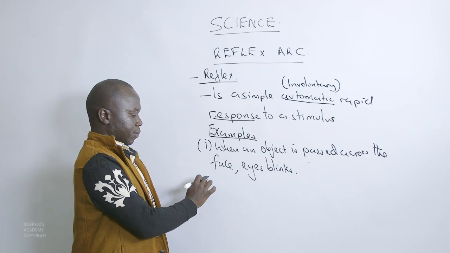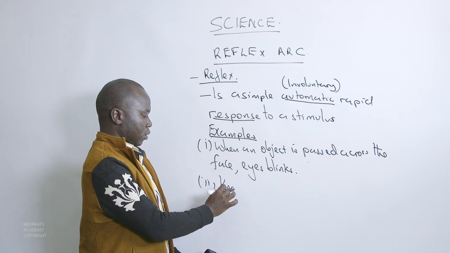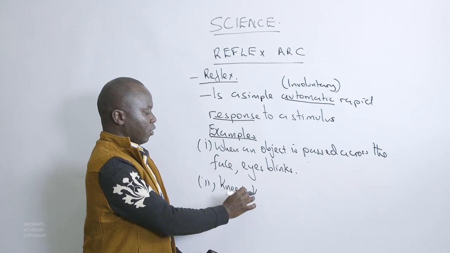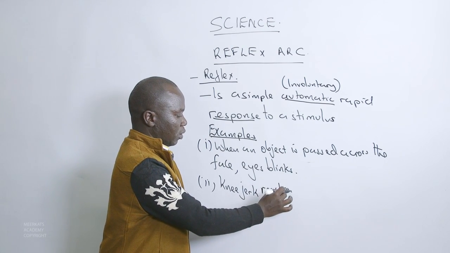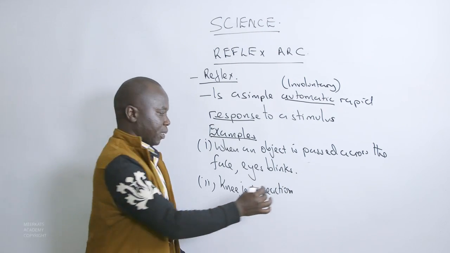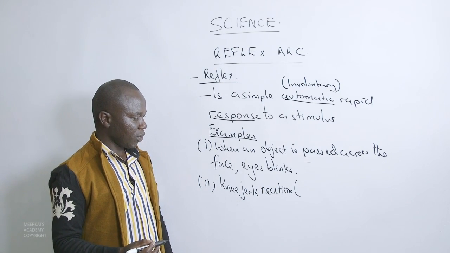Eyes will blink. The knee-jerk reaction is an involuntary reaction, knee-jerk reaction. And we have said how this happens. You can do a demonstration for yourself.